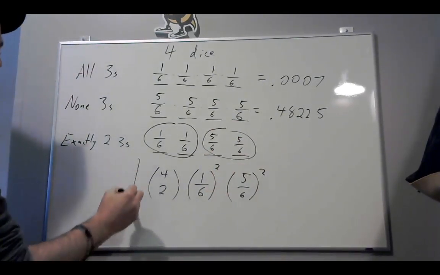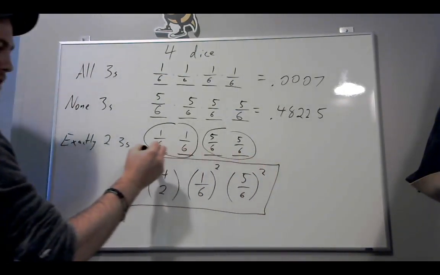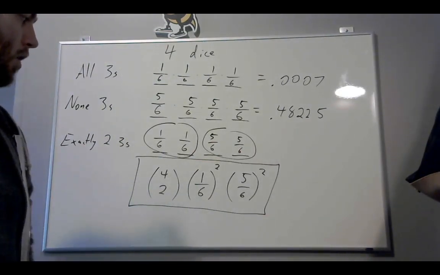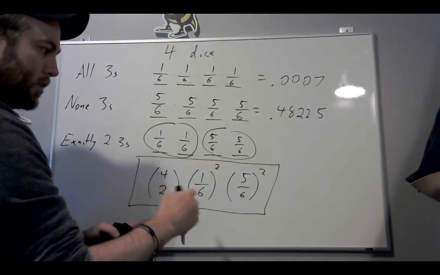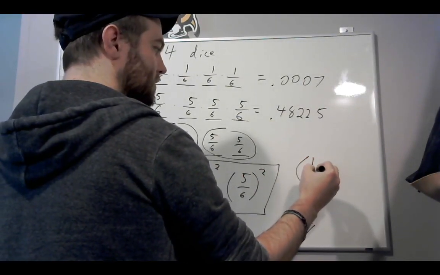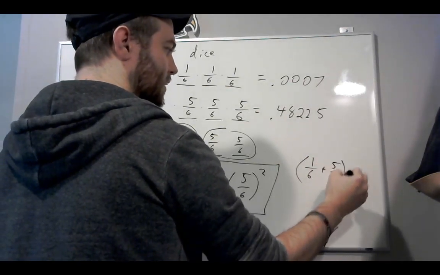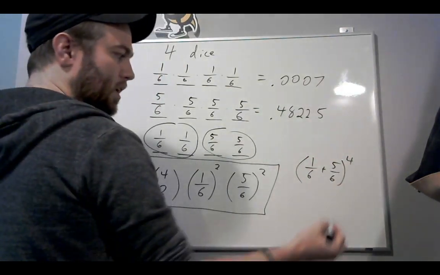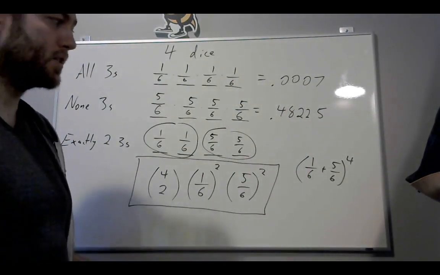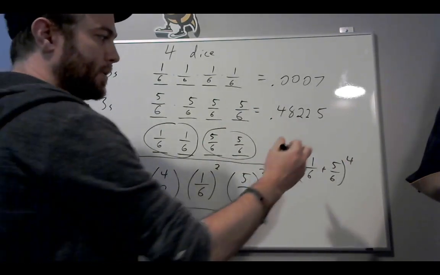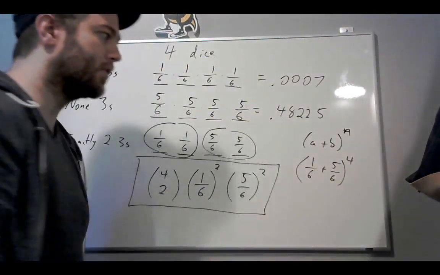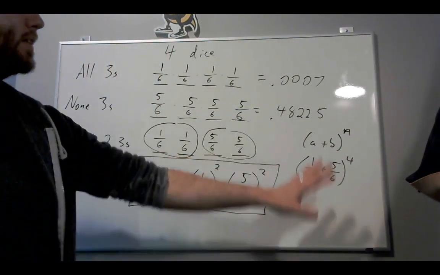Here's that piece of the binomial distribution that we talked about a couple videos ago, where this is really something like 1/6 plus 5/6 raised to the 4th power, and I'm looking for the term where the 1/6 is squared. It's the exact same concept. Here's my A, here's my B, and here's my n value that I'm raising it to. So I can find the different terms using this.